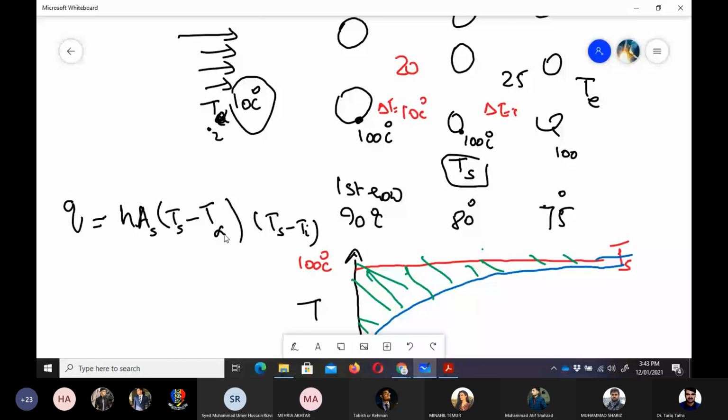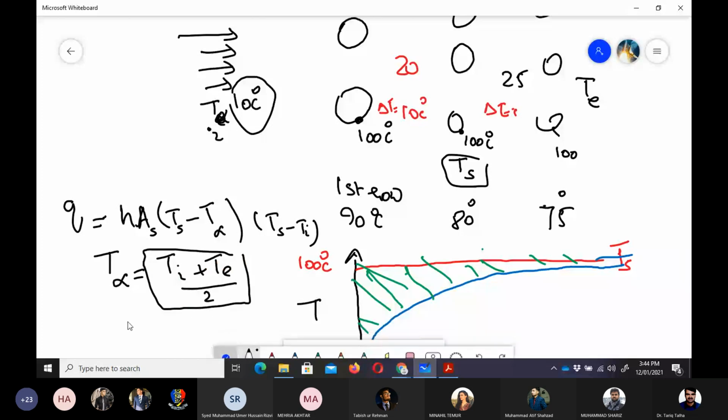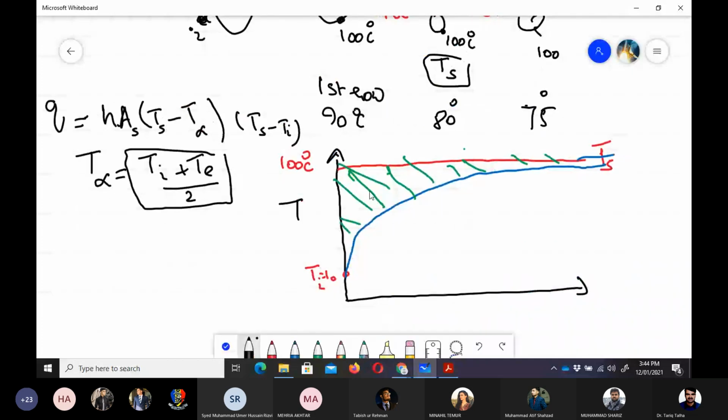So the very crude way of determining this T infinity is to do T_i plus T_e divided by 2, taking a mean of this. Okay? But we can only do that if this temperature rise was linear, if I draw it with the rainbow pen, let me try this.